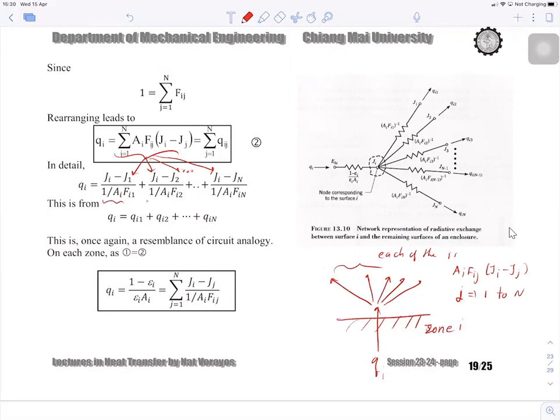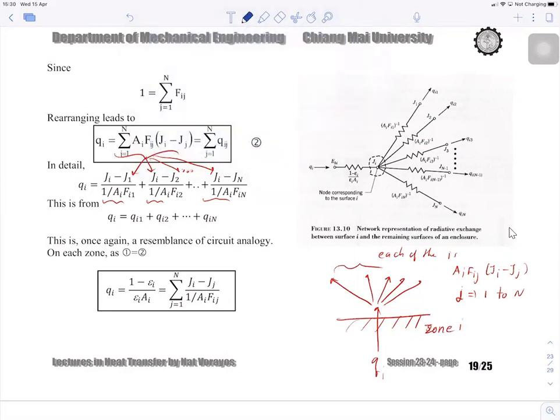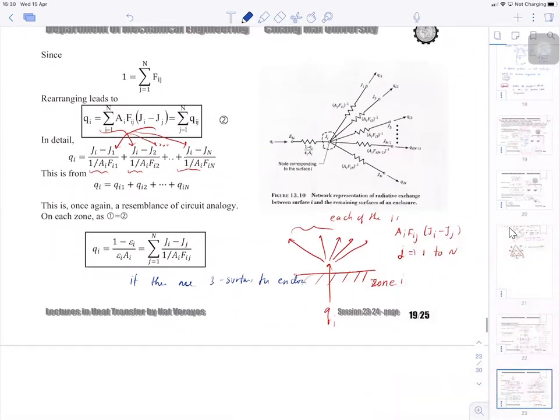If I write that in this term, once again, for example, if the free surface for enclosure, let me add the page like that.